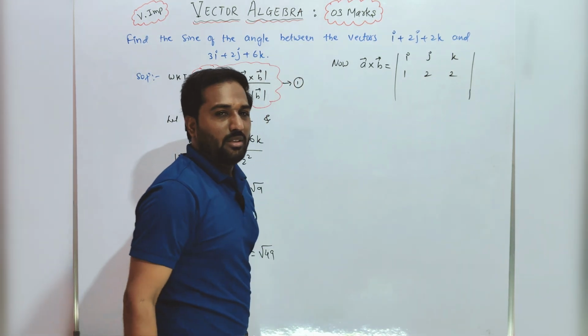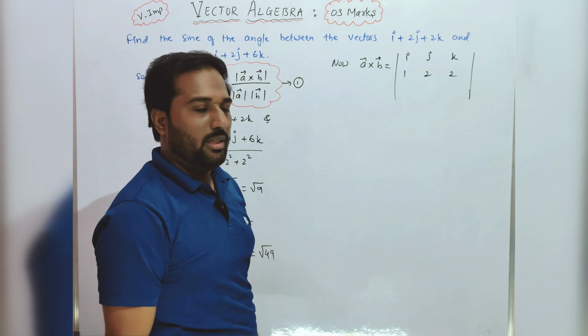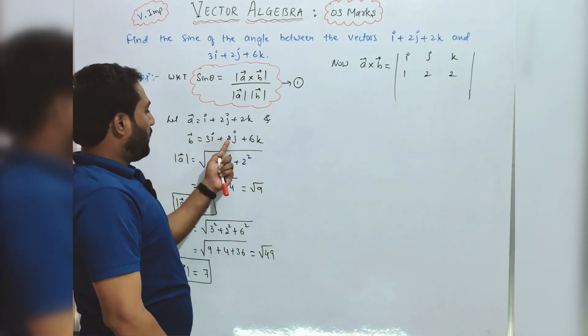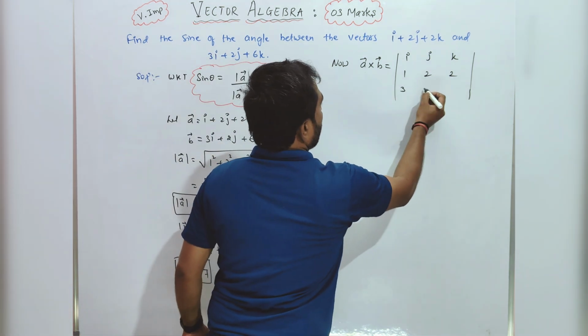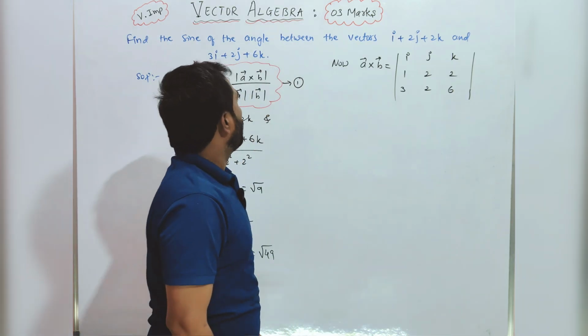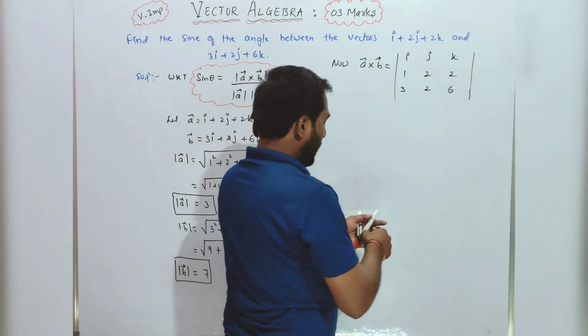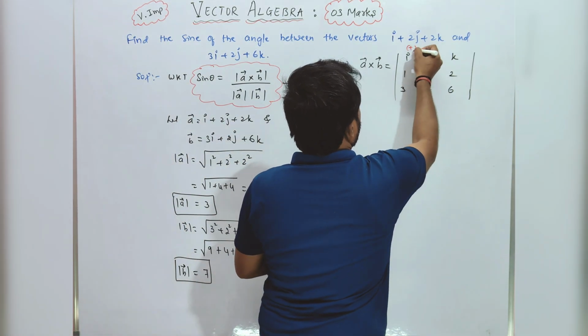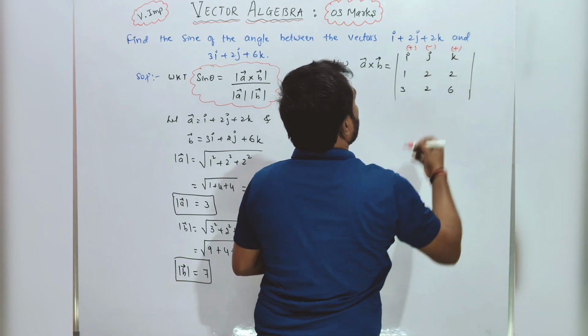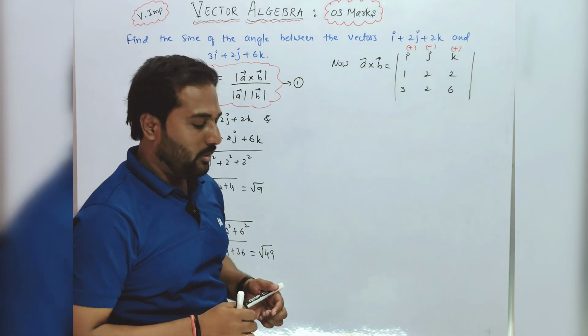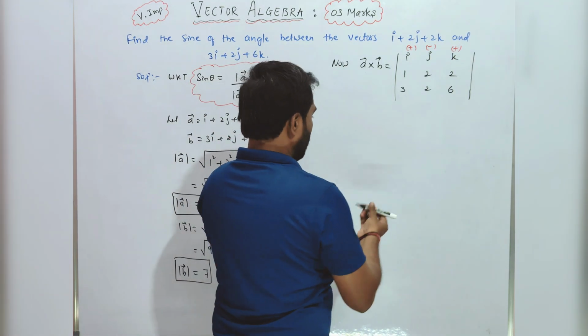Just write their coefficients with plus or minus. All are positive, so we write all positive values. Now just expand the determinant: first row plus, minus, plus. Simple, isn't it?